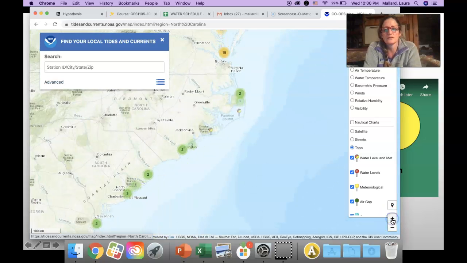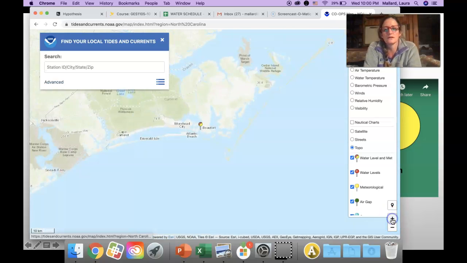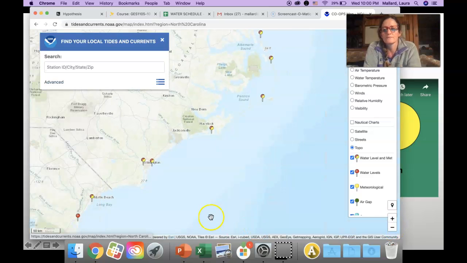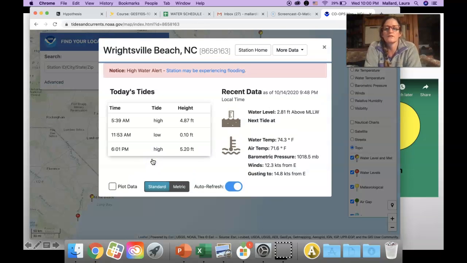So if we zoom in on this data set, we can get data for, say, here's Wrightsville Beach, and it will say when is the next high tide and when is the next low tide and the height of that tide. There's also some weather information: water temperature, air temperature, barometric pressure, winds.